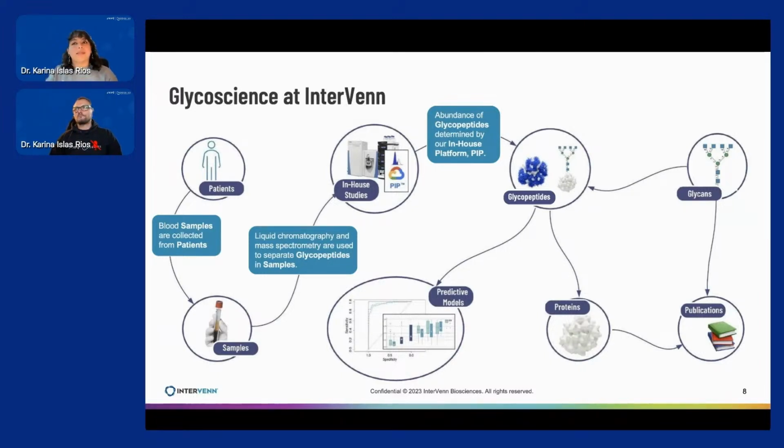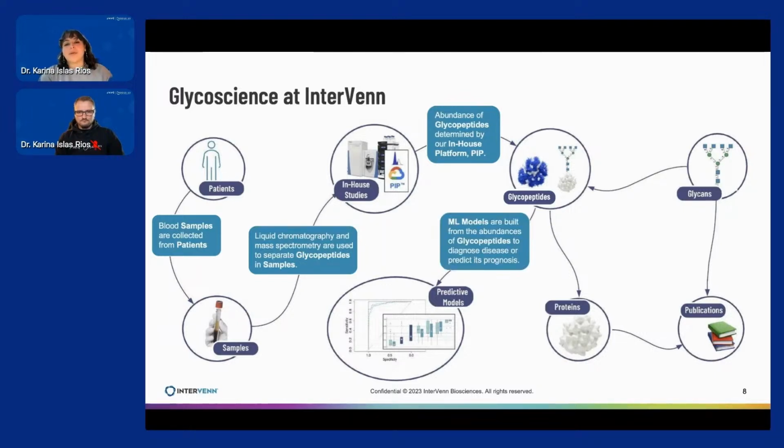And this is really important in terms of what we could do in the future if we extend this technology a little bit further. Once we have the model, we are reducing that list of thousands of glycopeptides into a list of maybe 20 that are the markers for a disease, right?